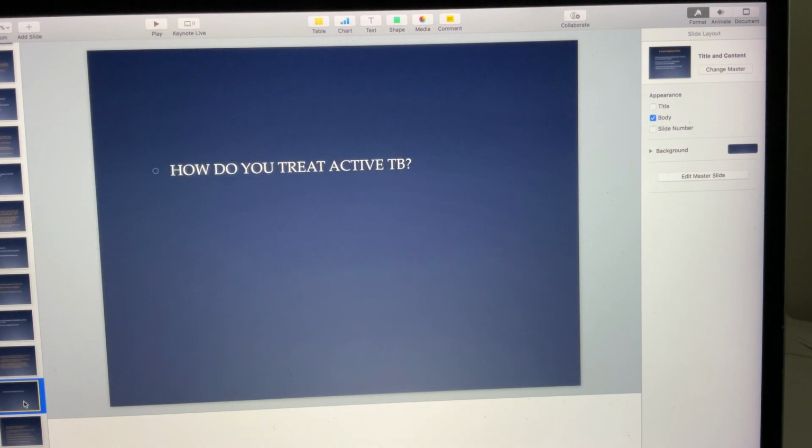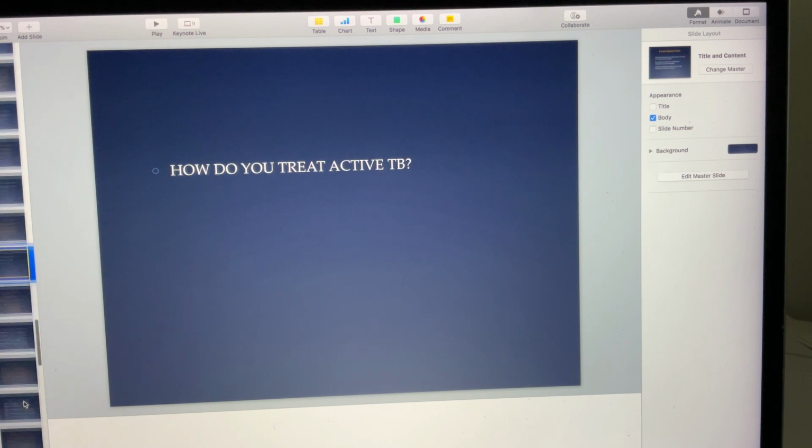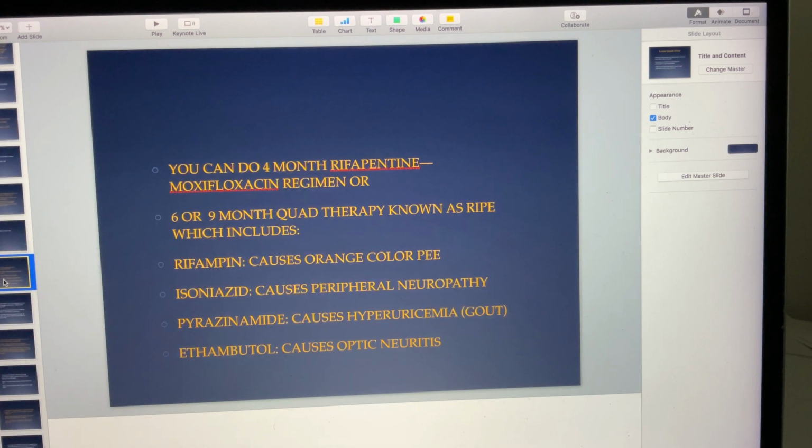Now, how do you treat active TB? You do a 4-month rifapentine and moxifloxacin regimen, or you can do a 6 or 9-month regimen, which comprises quadruple therapy known as RIPE.